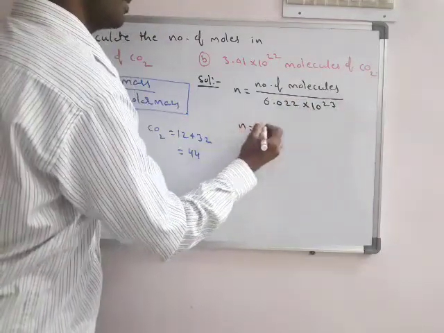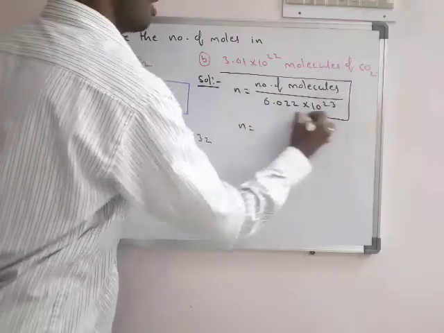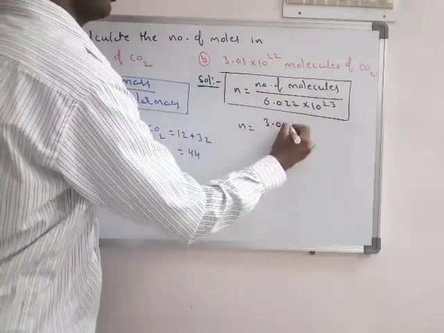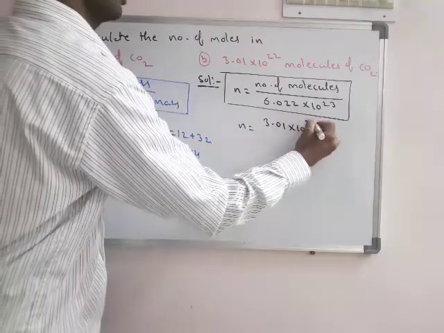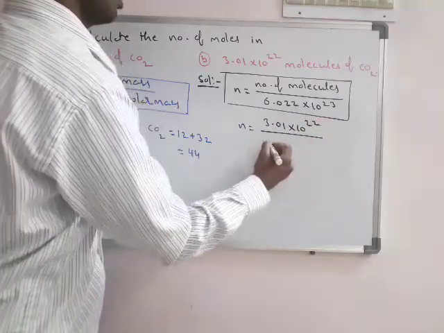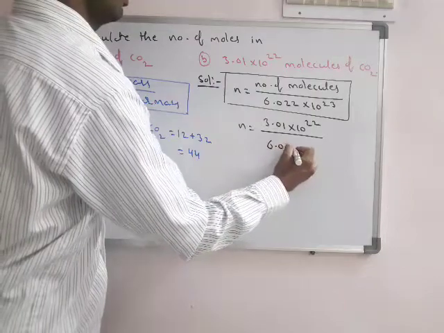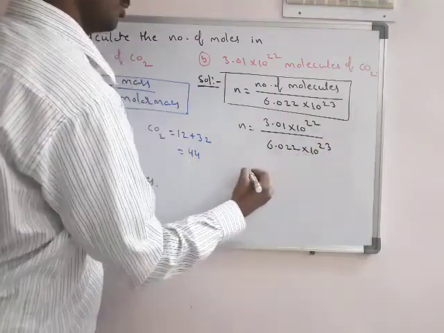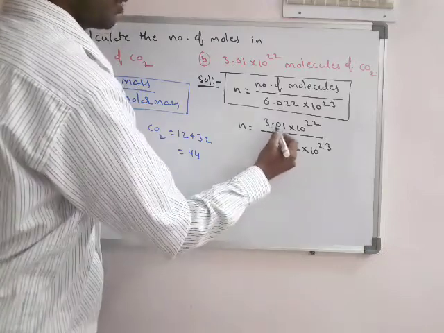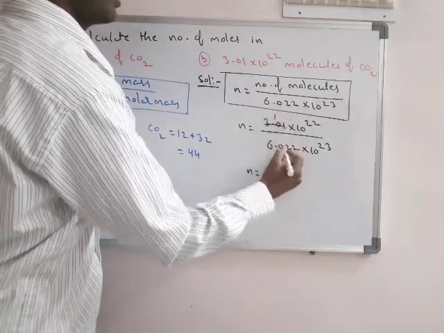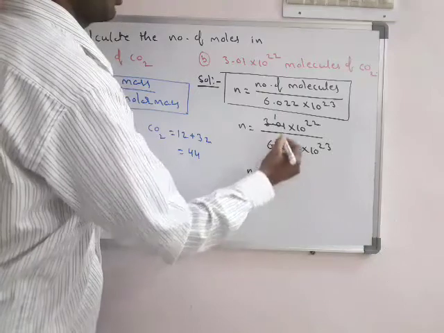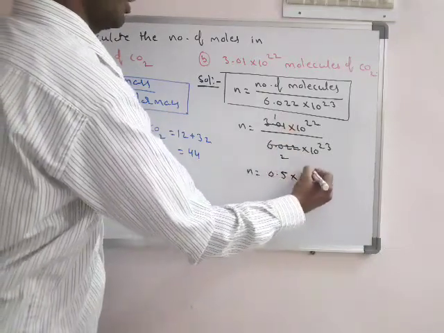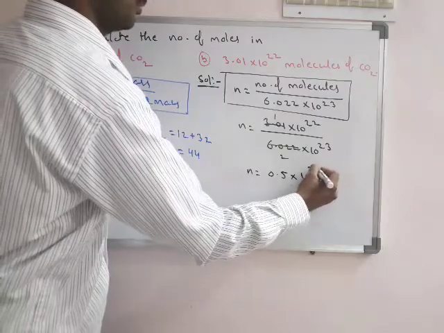So what is given? The given molecules: 3.01 into 10 power 22, divided by 6.022 into 10 power 23. So 3.01 by 6.022 is approximately 1 by 2, which is 0.5 into 10 power 22.